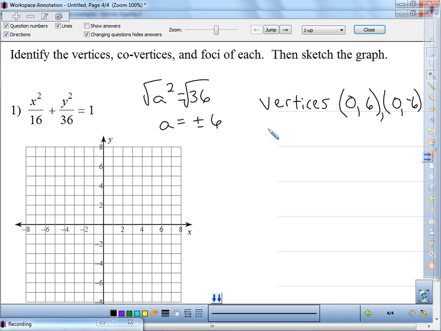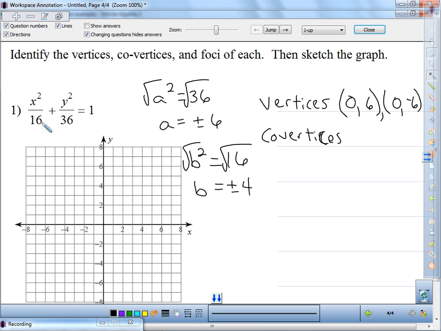Then our co-vertices, the math is pretty much going to be the same, except we're going to call it b. So b squared, remember b squared is always the smaller of the two, is equal to 16. We take the square root of both sides, so b is equal to plus or minus 4. So for this, the b is located under which one?